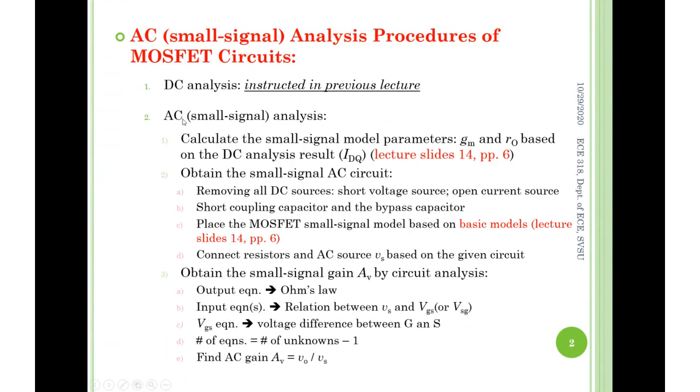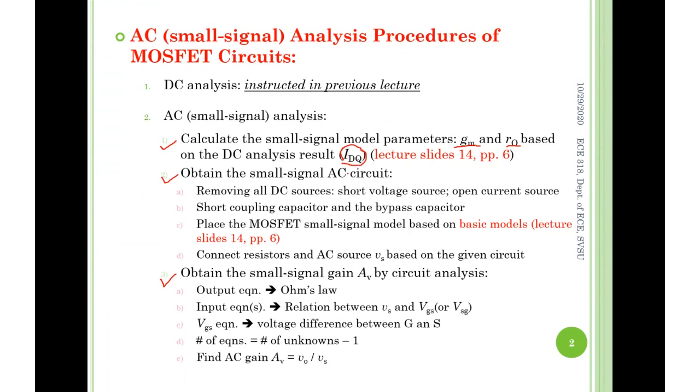And then we are seeing the AC small signal analysis procedure. Basically, 3 steps. First step, you need to calculate gm and r0, the 2 parameters we just discussed. And they are both in terms of what?